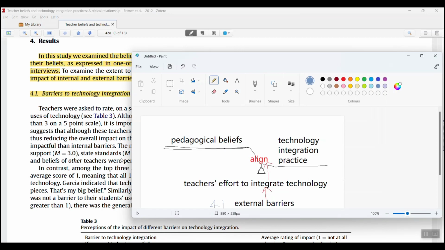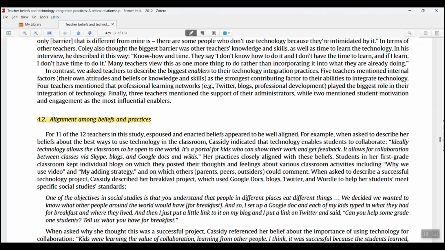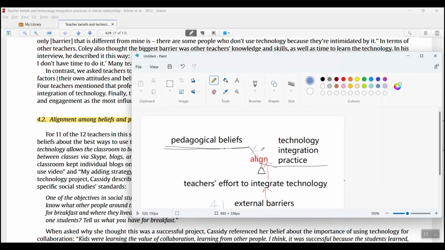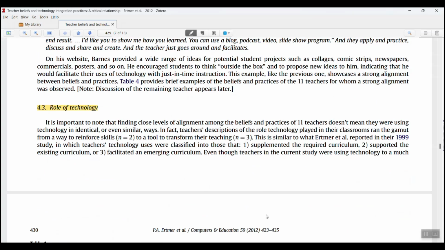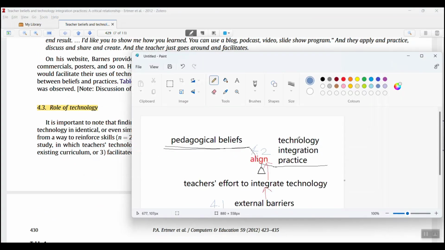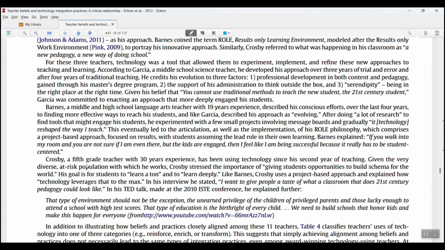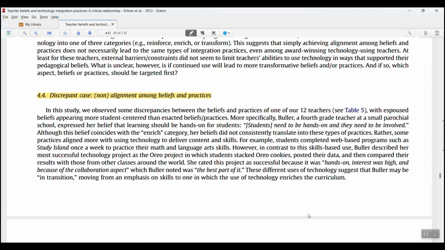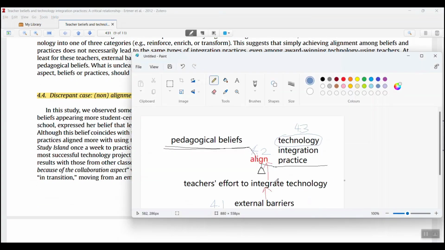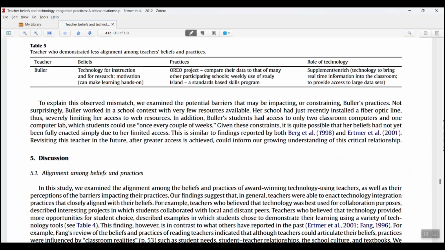We can see how the different subtitles under results section match with each concepts and relationship inside the two research questions. As a result, we can understand the section of results better in corresponding to the research questions raised by the authors.